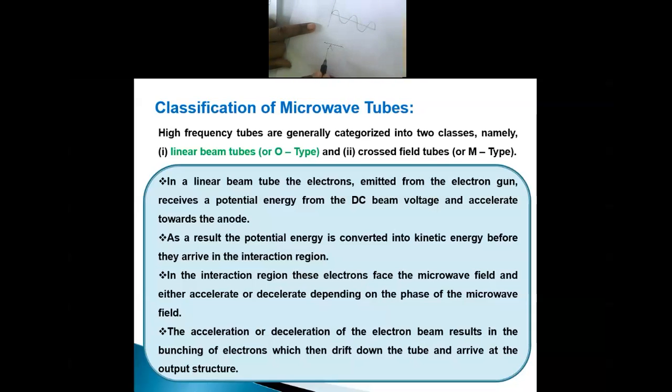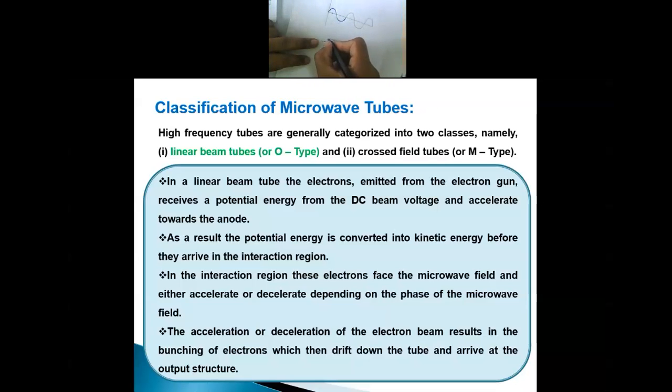Electrons are emitted from this. When it reaches this particular field, when your field is in the positive half, then it changes to the negative half. Initially it is a positive half, next is a negative half.